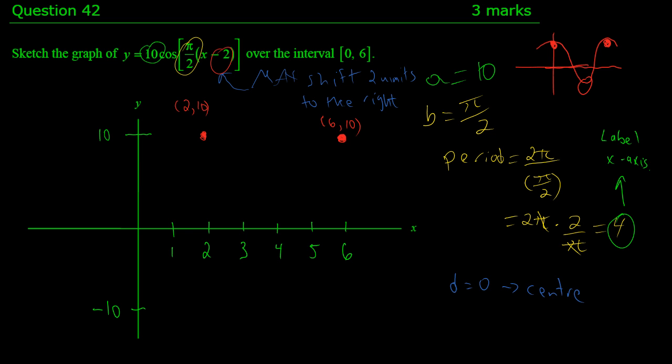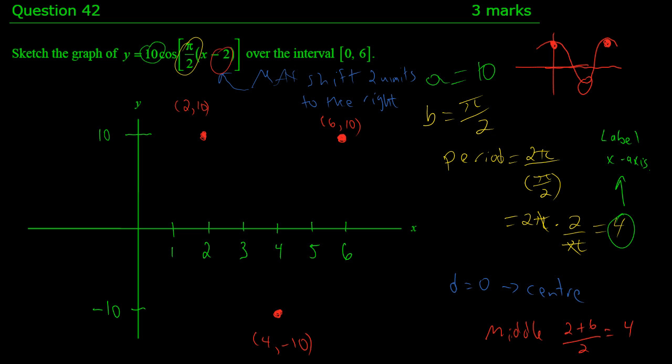Well, this one's easy, right? 4 is obviously in between 2 and 6. If you're not sure, find the average. 2 plus 6, the middle, divided by 2. So obviously it's 4. It's not always going to be that easy. So this point right here is (4, negative 10).